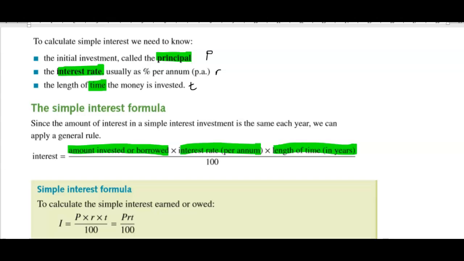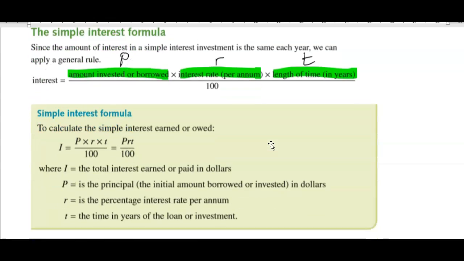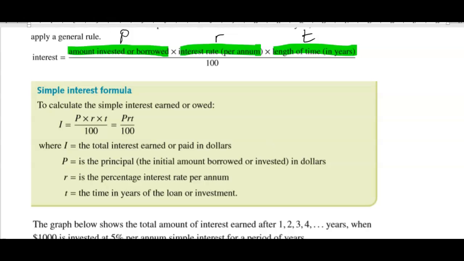So basically what we have here is PRT. And if you look in the box, that's simplified to this. So your total interest is P times R times T over 100.